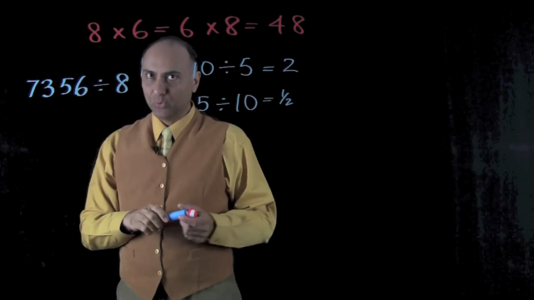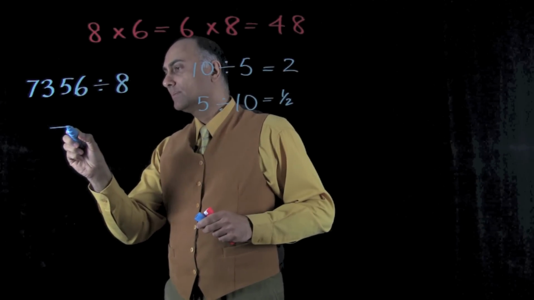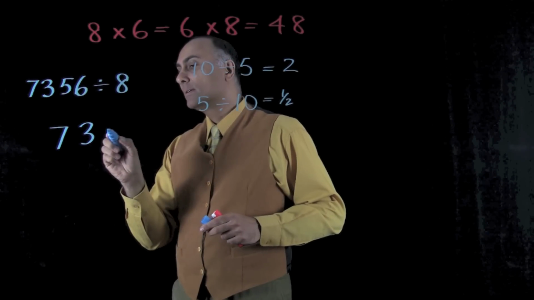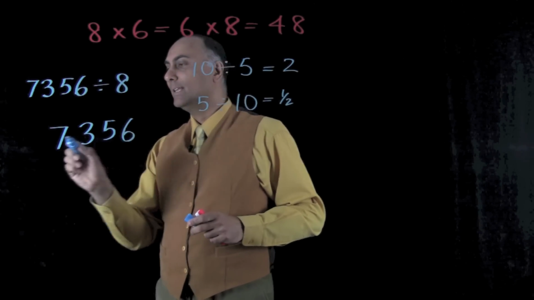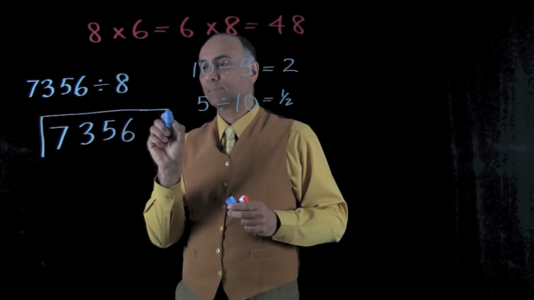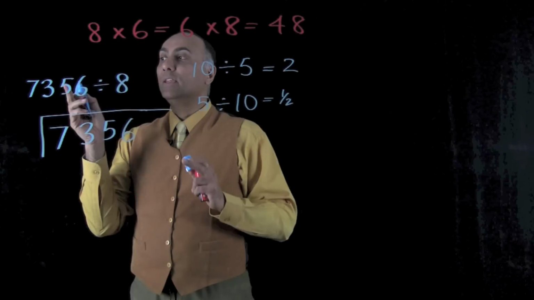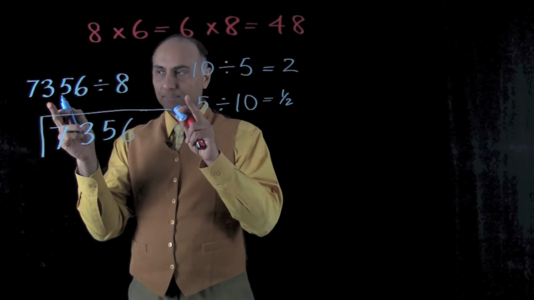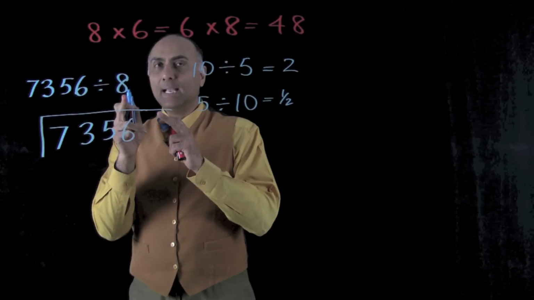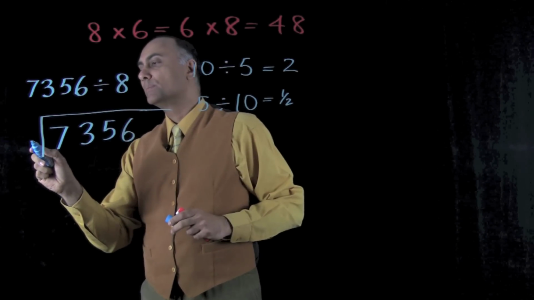And what I mean by the roof is when you do division, you write it like this. And this L shape I'm calling a roof for convenience. So the roof always goes over the first number. And then it's the second number, the one after the division sign, goes in front of the roof.